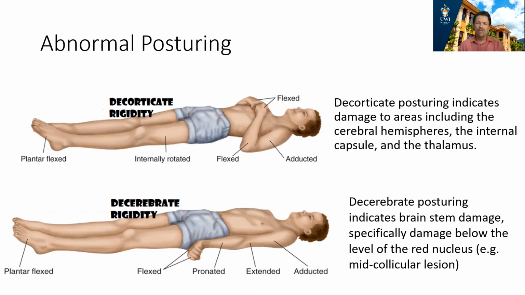What's the reason for these differences, and what does it tell us about what's taking place? Well, if you have decorticate posturing, that means there's damage above the red nucleus. And if you have decerebrate posturing, that means there's damage below the red nucleus. Why is the red nucleus important in these different responses?